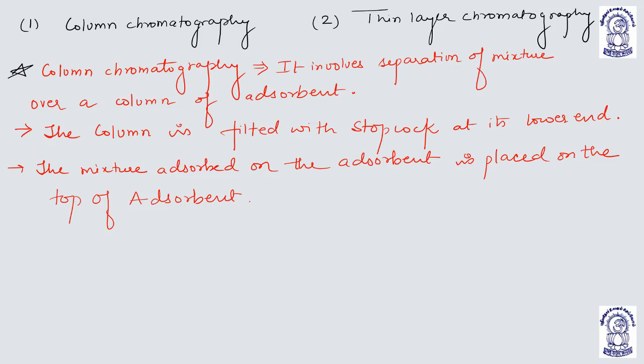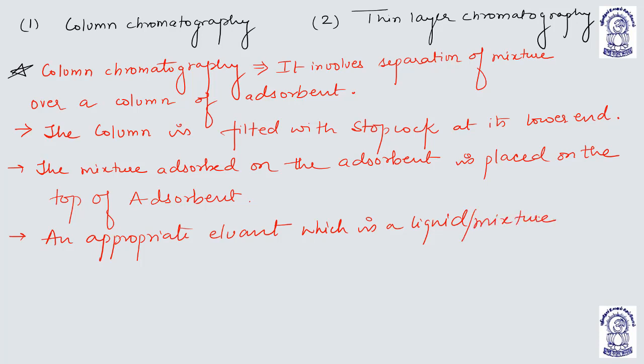An appropriate eluent, which is the moving phase, which is a liquid or a mixture of liquids, is allowed to flow down the column slowly.